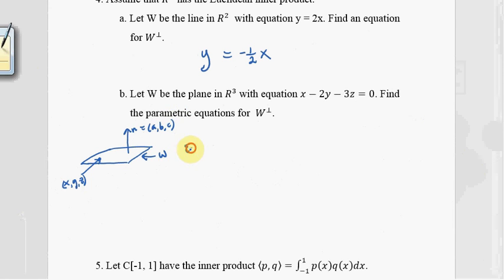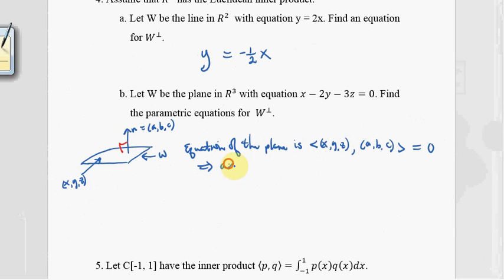So here, the equation of the plane is the inner product of x, y, and z with A, B, and C. Here, orthogonal, so the inner product has to equal 0. Now when you work that out, you end up with Ax plus By plus Cz equal to 0. Have you seen that before?